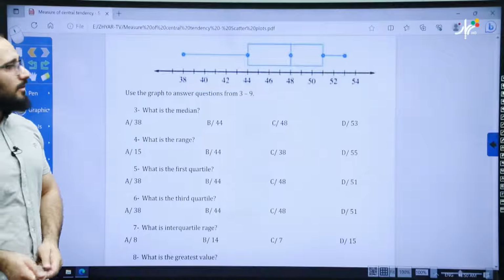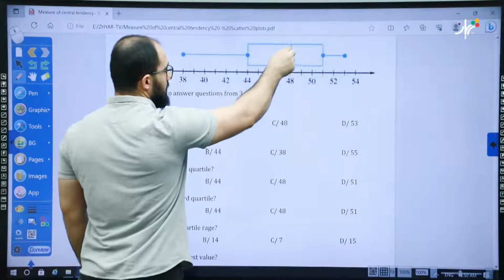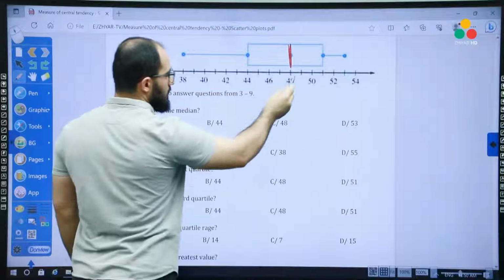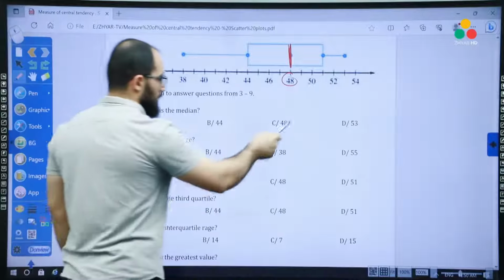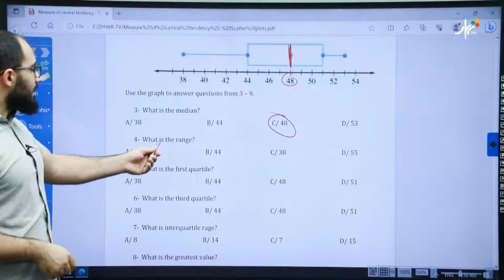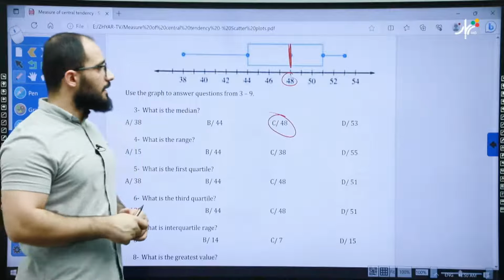If you look at the graph, you directly know that this is the median. So the median is across 48. That's why we are going to choose 48 as the median. Then, what is the range? Range is the greatest data minus the least data.